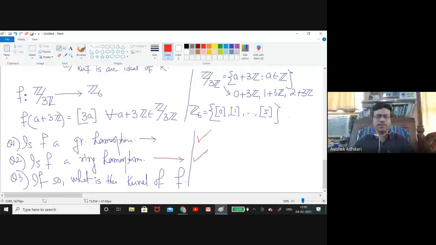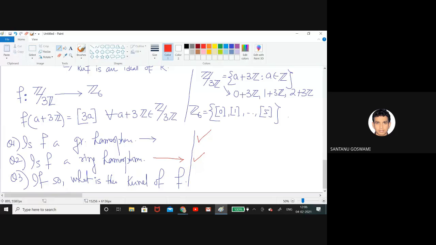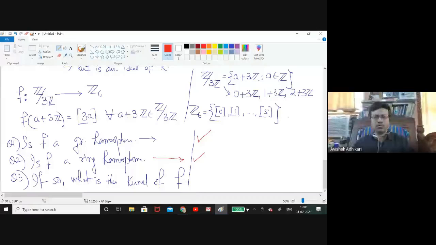What is the kernel of F? Elements like 2 plus 3Z. So you are telling elements like 2 plus 3Z, this is the kernel, right?